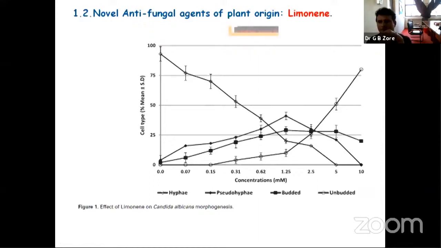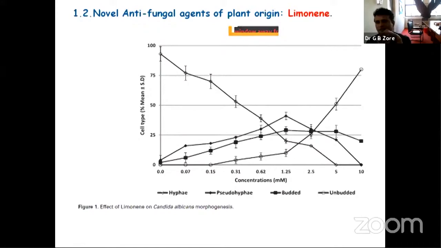The hyphal form is considered highly pathogenic, more dangerous than the yeast form, because it invades tissue and causes invasive infections, which are more dangerous than superficial candidiasis.